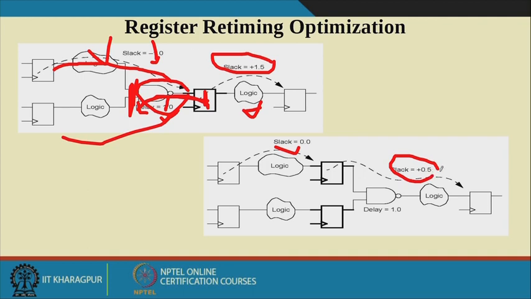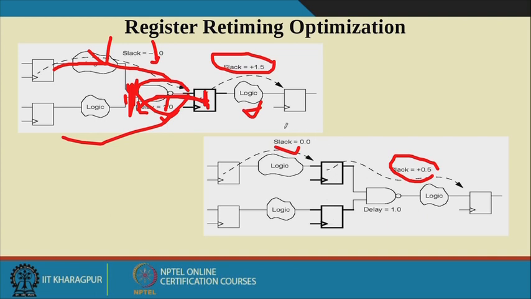And as one register comes to the input side, I need to place a register here and a register in this path to maintain the balance. So though there is only one register, I need to put two registers in the two paths.